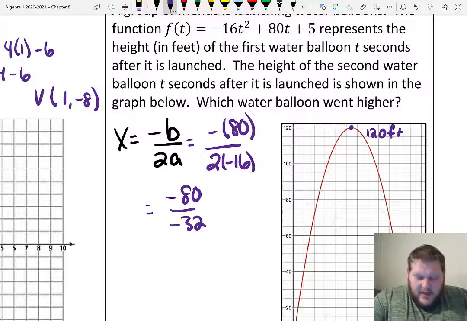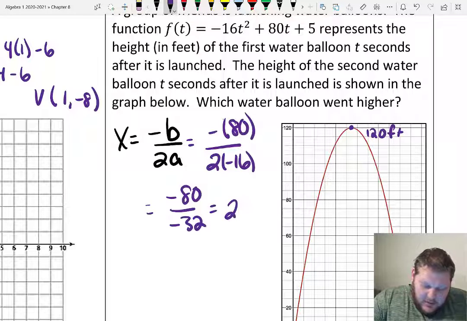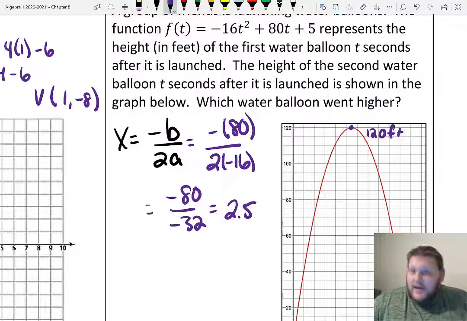I could probably do that in my head, but we'll save some time and just do it on our calculator, because I know they both reduce by 8, but then I'm sure it goes further than that. So we end up with 2.5. So 2.5 is my x value. Not the nicest, because I'm dealing with a decimal or a fraction depending on your preference, but 2.5 seconds after we launched the first water balloon, it's reached its peak.